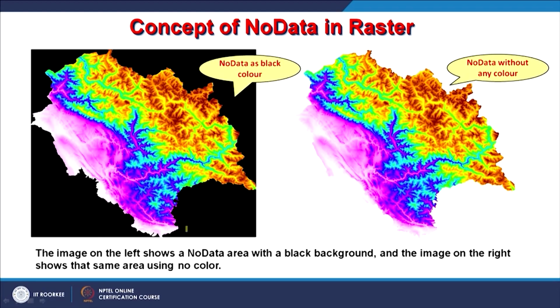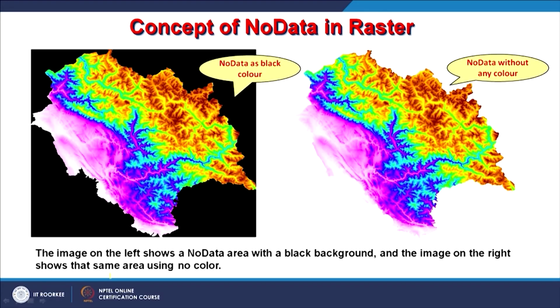Outside areas here were assigned black color, and therefore you are seeing it like this. If the background of my screen is also black, then I will not see any problem. But if it is white, then I would be seeing these black areas, and black areas are nothing but no data. As I have said, colors do not matter in GIS. What matters is the value.